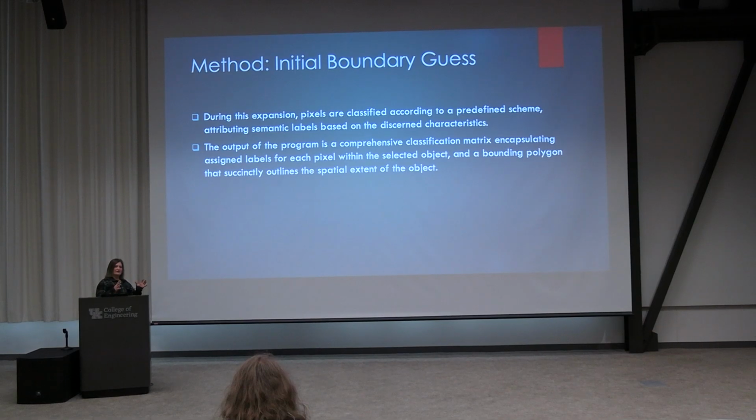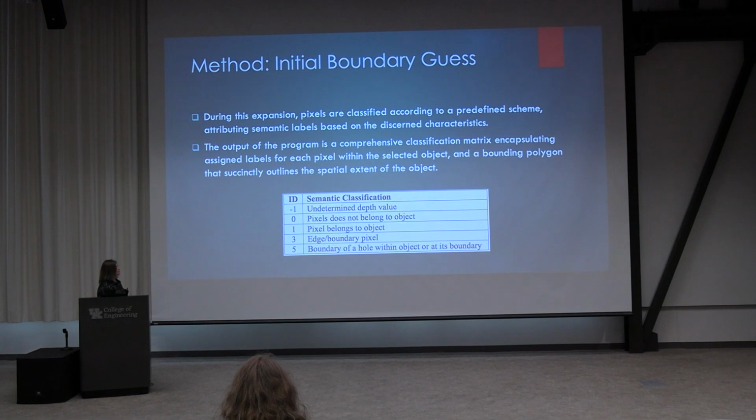So I will cut out that object from the depth image so that I can focus on that area. The bounding box will also be recorded for that object. Here, among my semantic labels, I will assign -1 when there are depth values that are undetermined.